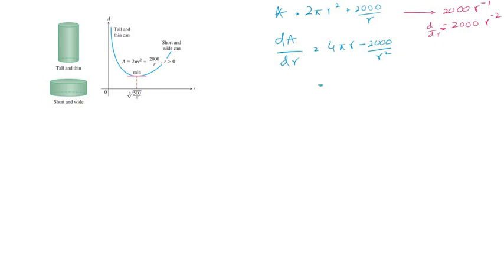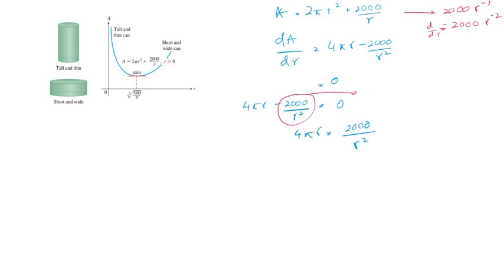So we have to make this equal to 0. When you make this equal to 0, we have 4 pi r minus 2000 over r squared equals 0. We take this entire term to the other side, so we get 2000 over r squared equals 4 pi r.